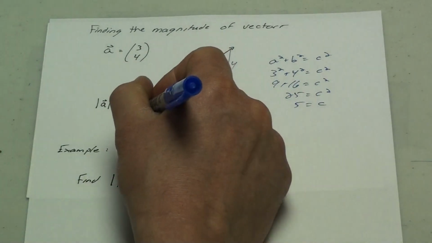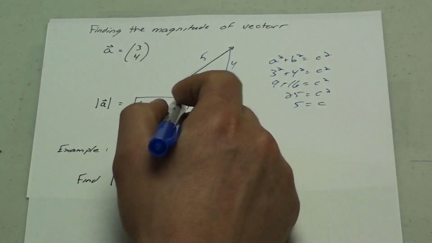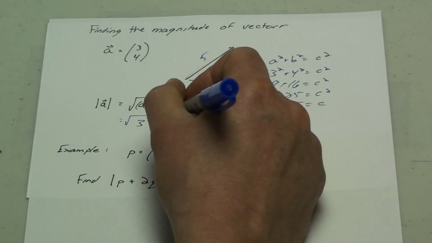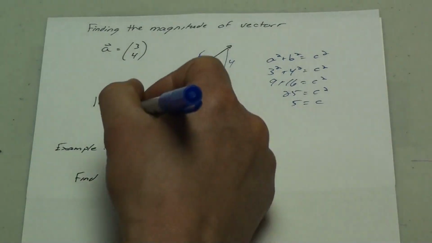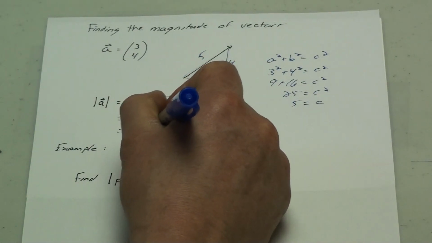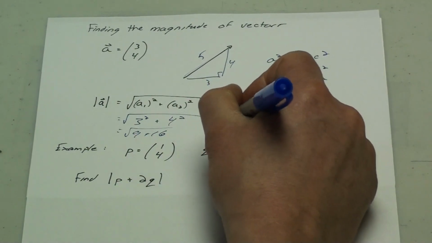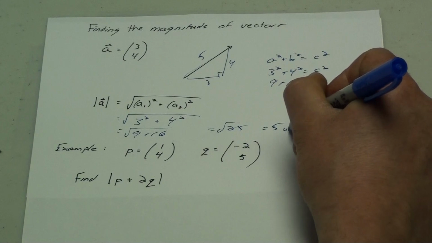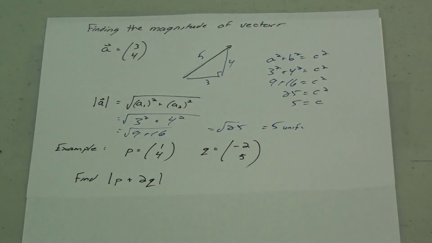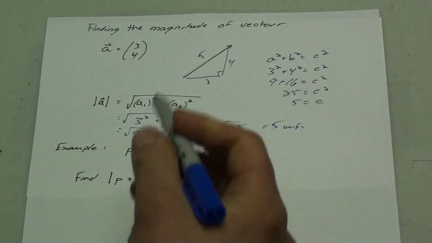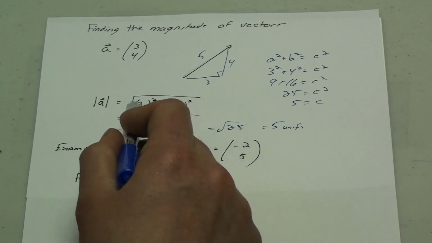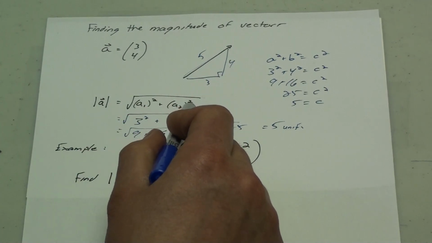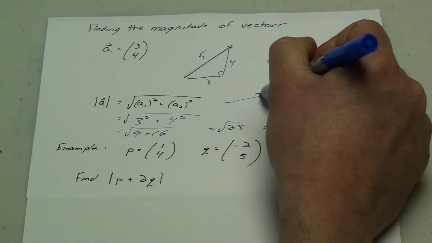In this case, it'd be the square root of 3 squared plus 4 squared, which is the square root of 9 plus 16, square root of 25, which equals 5. Okay, and whatever your units might happen to be. So I can find the magnitude using the formula square root of your x component squared plus your y component squared. It comes from the Pythagorean theorem.